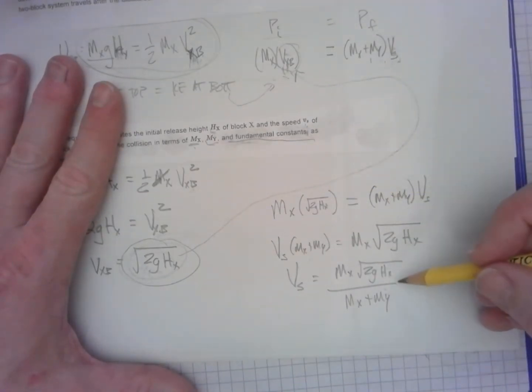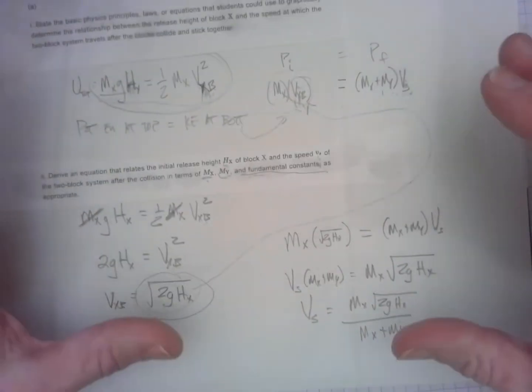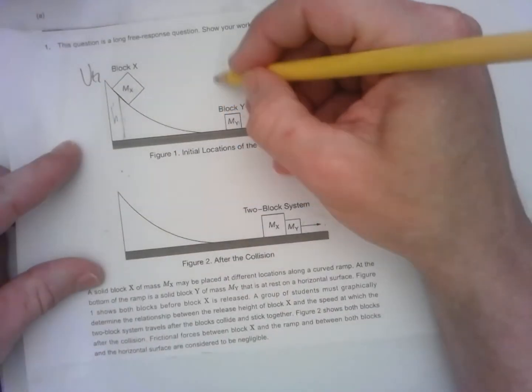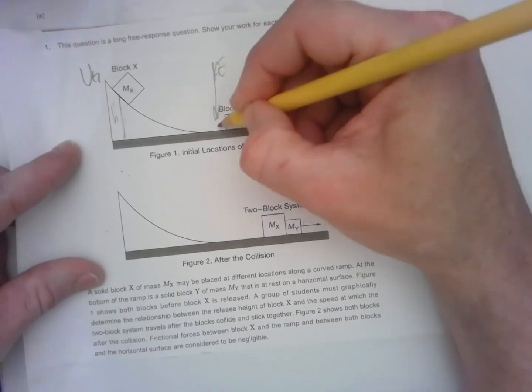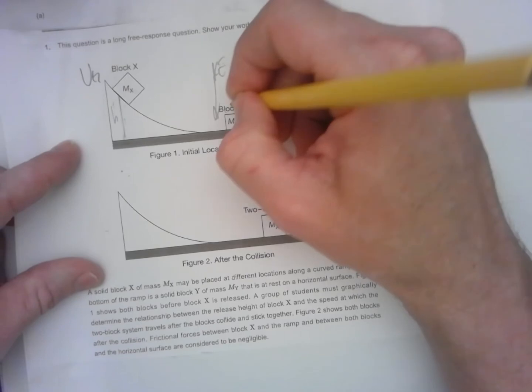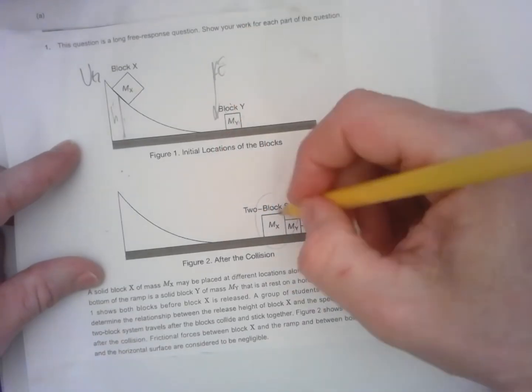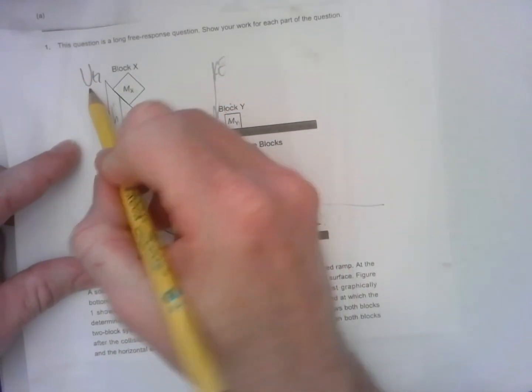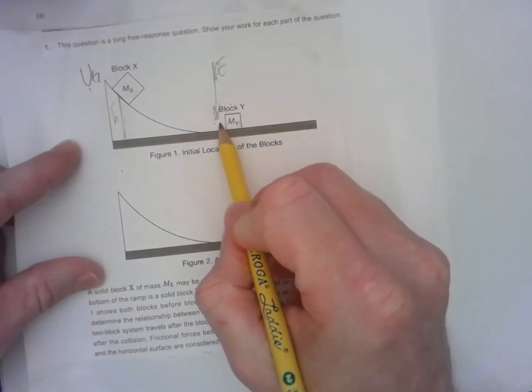All right, so let's summarize. Let's recap what happened there. From the picture, what you should see is that you have gravitational potential energy here. And that turns into kinetic energy here. And they are the same because there's no friction on the ramp. Then you have a collision. And then you have this. So the potential energy here equals the kinetic energy just before.